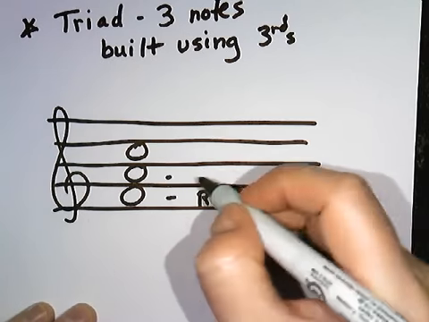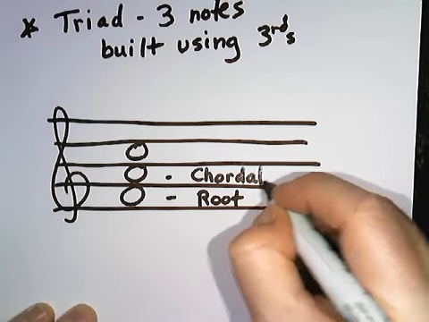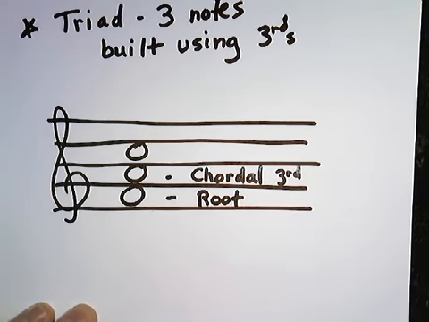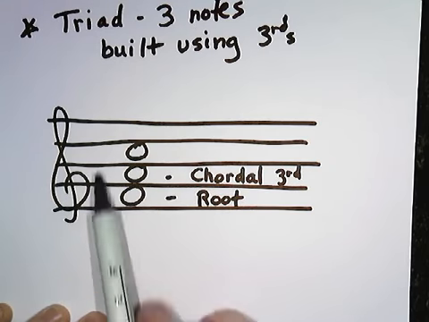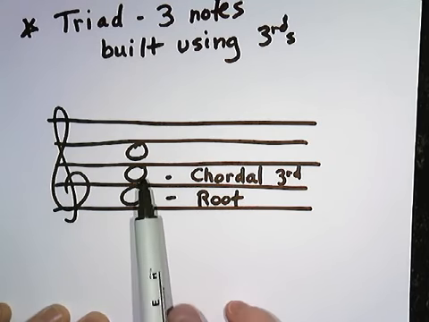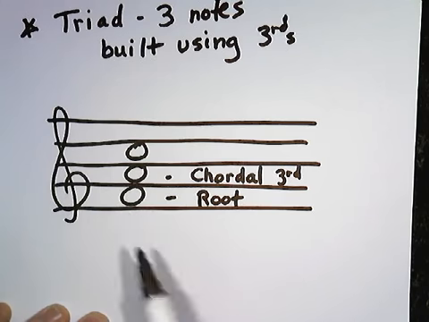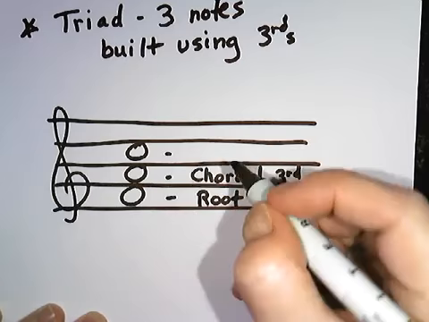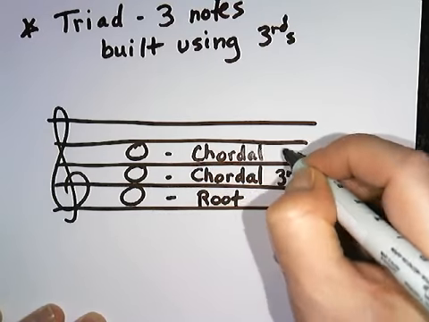Now, the middle note is called the chordal third. So let's write that down. Now, we're not just calling it a third because when we talk about thirds, we're talking about two notes. By saying chordal third, we're placing it in a context, the context being it's the middle note of this group of three notes. And so the top one is going to be called the chordal fifth.